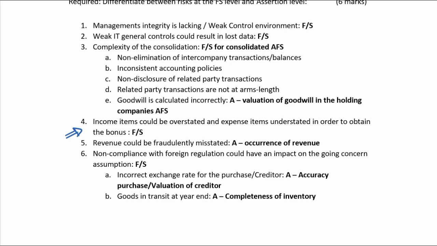It's different to the control environment because I cannot limit it in the financials to specific areas. It's everything that could be. Whereas bonus based on profits, it's only the items that affect profit that could be misstated for that specific risk. Okay, let's go back to that assertion level.